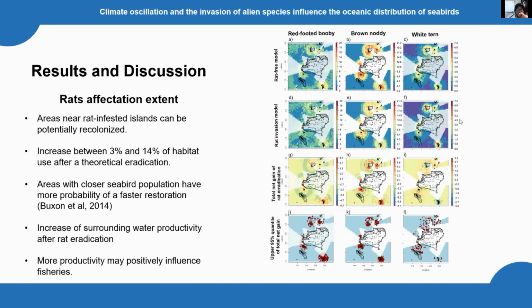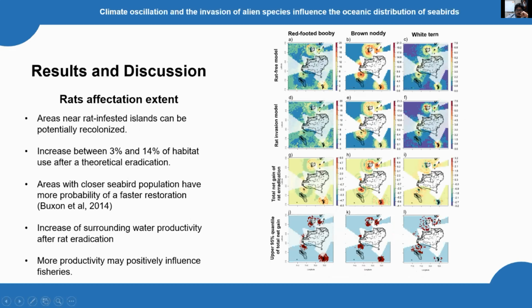And this is the final model, where we include the rat-free model, which is at the top, for the three species that have a particular effect of rats. Remember that I mentioned that wedge-tailed shearwater was not particularly affected by rats at sea. So we have the rat-free model at the top, then the rat-invaded model.